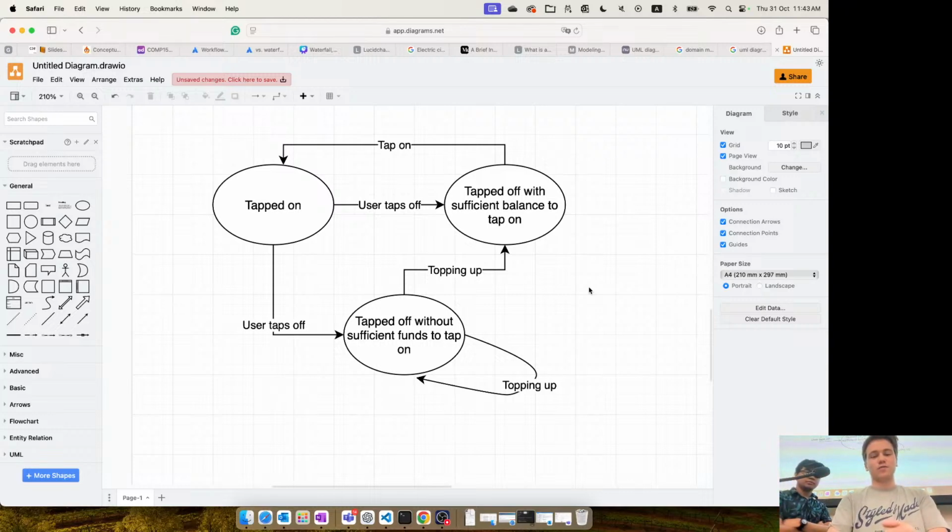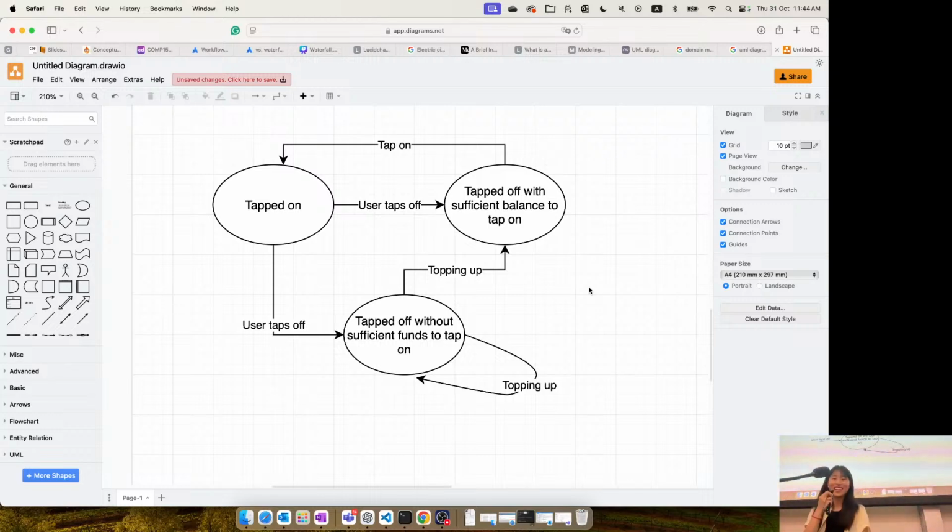There's no record of the actual amount of balance at any point, so it doesn't necessarily change anything, the amount of money that you put onto the card or the amount that comes off the card. Great job. Thank you.